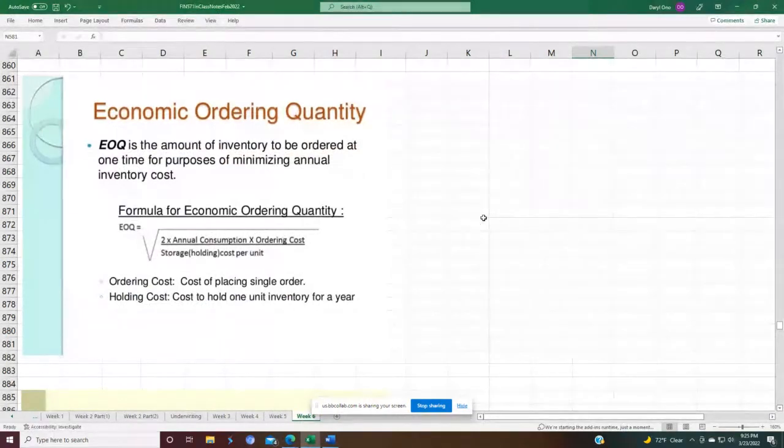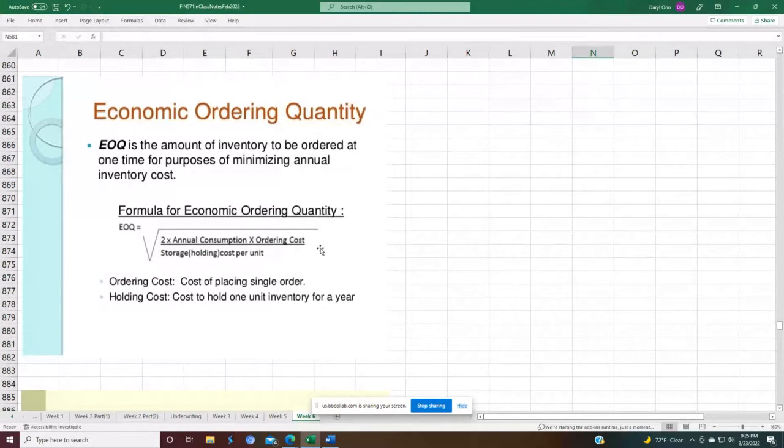So in this case, remember, it's ordering cost per order divided by the carrying cost per unit.